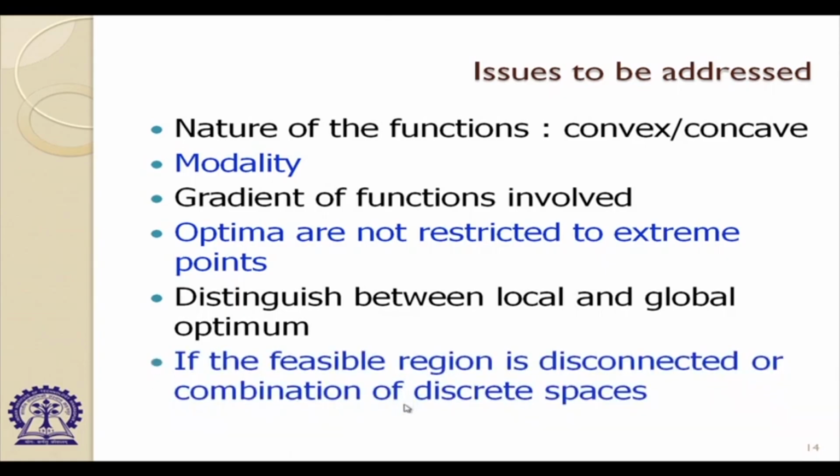And it may happen that the feasible space is disconnected. The feasible space is discrete in nature. You may get a feasible space that is piecewise continuous: in one place continuous, in another place continuous. I will show you a picture of that. For example, suppose the feasible space is like this, just look at this.